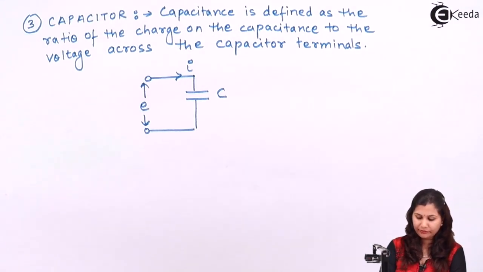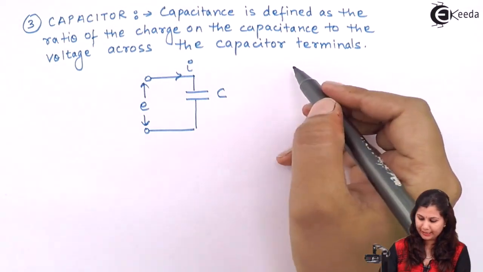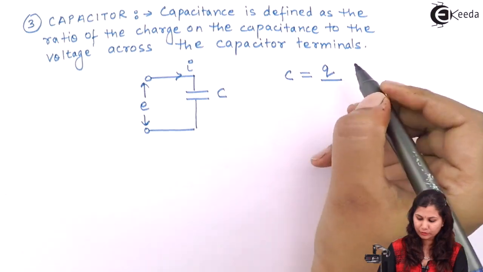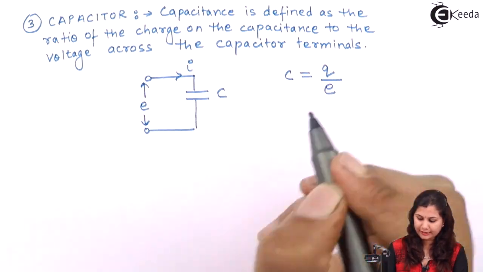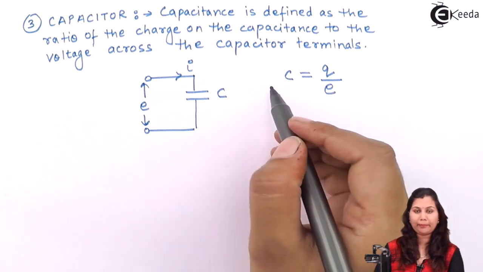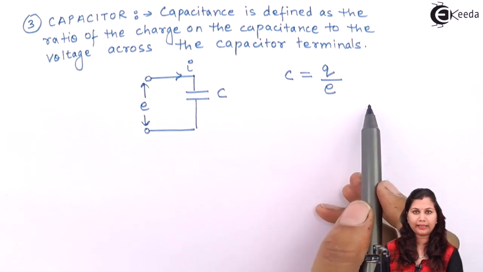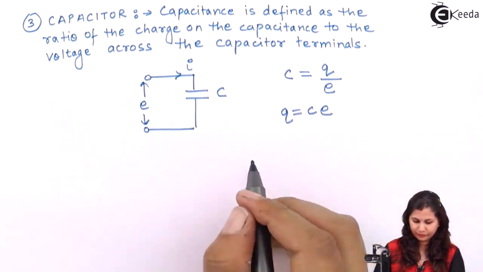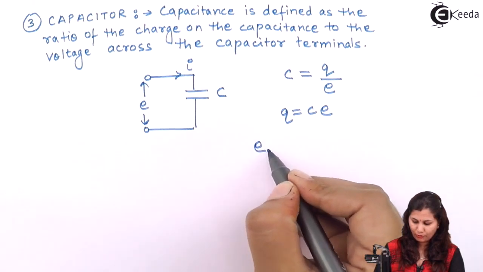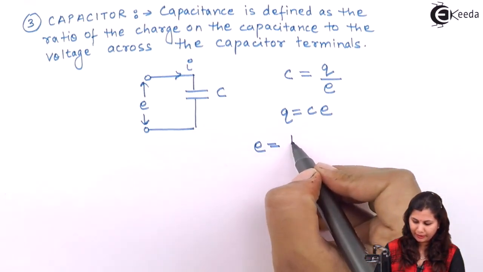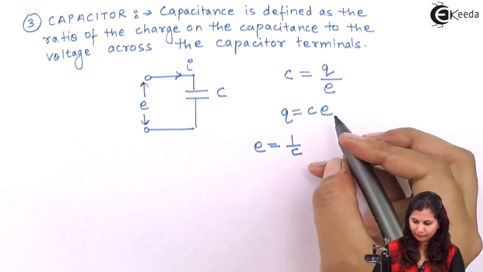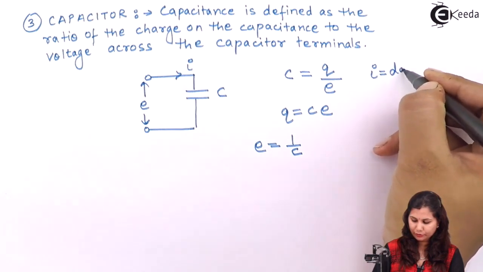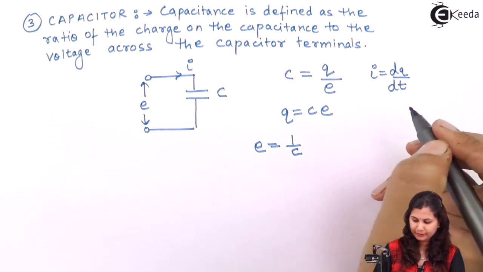So the formula is the ratio of the charge, that is Q, to the voltage, that is E. So C is the capacitance and it is equal to Q by E. Now Q is equal to CE, and writing the value of E, we get 1 by C, and the current I is equal to dQ by dt.